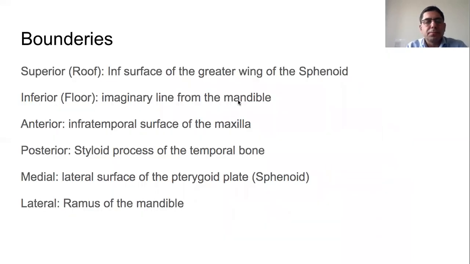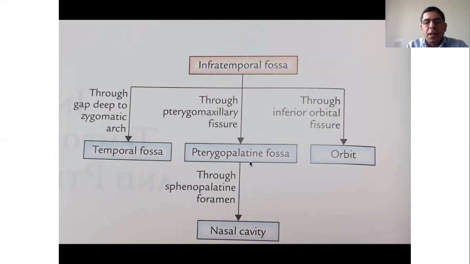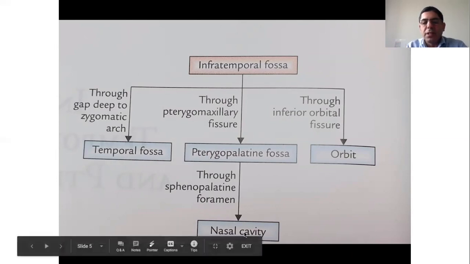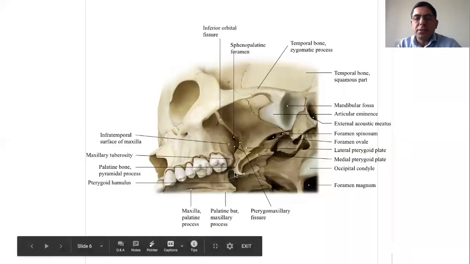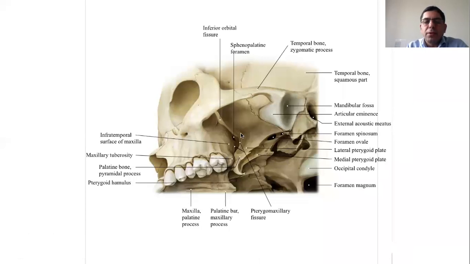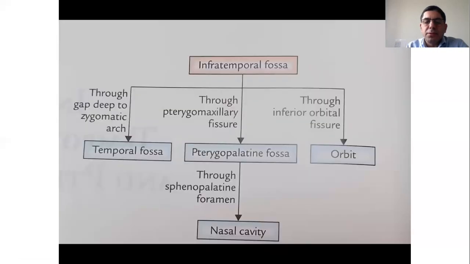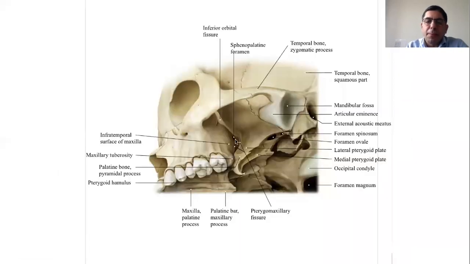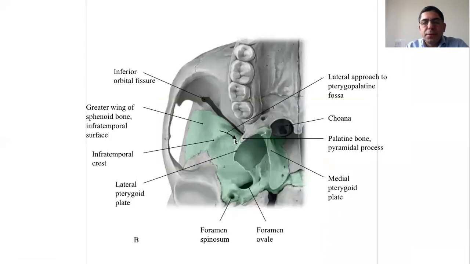From the pterygopalatine fossa there's also the sphenopalatine foramen, and it can go into the nasal cavity. So we need to know the surfaces, the boundaries, etc.